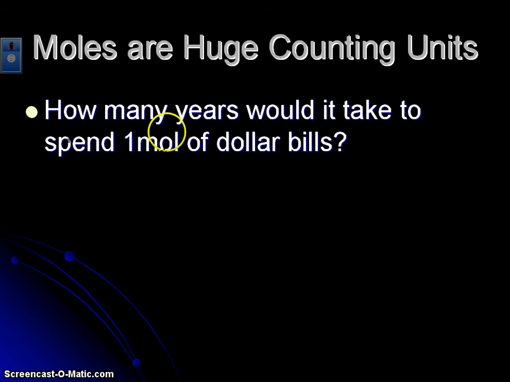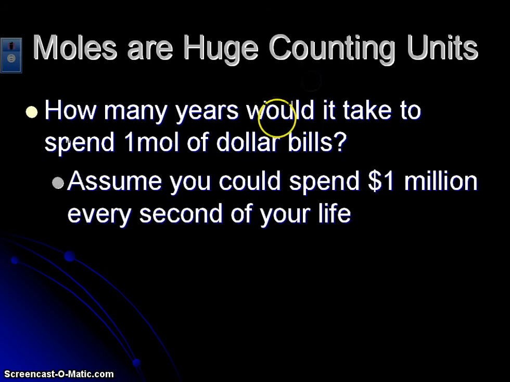So let's look at how long it would take us to spend 1 mole of dollar bills. We're going to assume that you could spend $1 million for every second of your life. Okay?